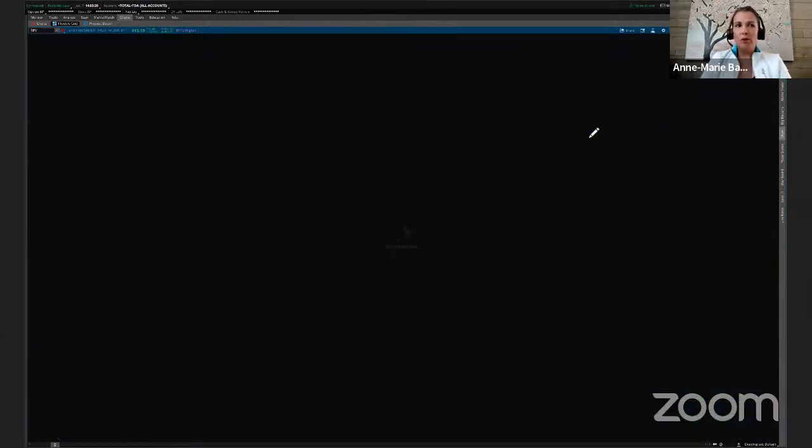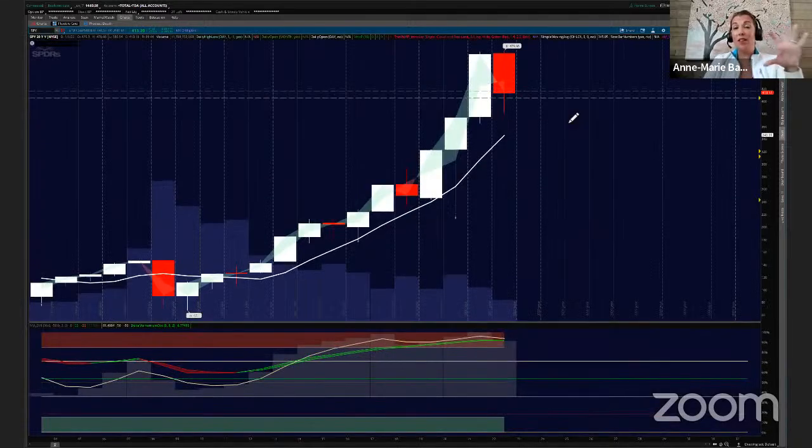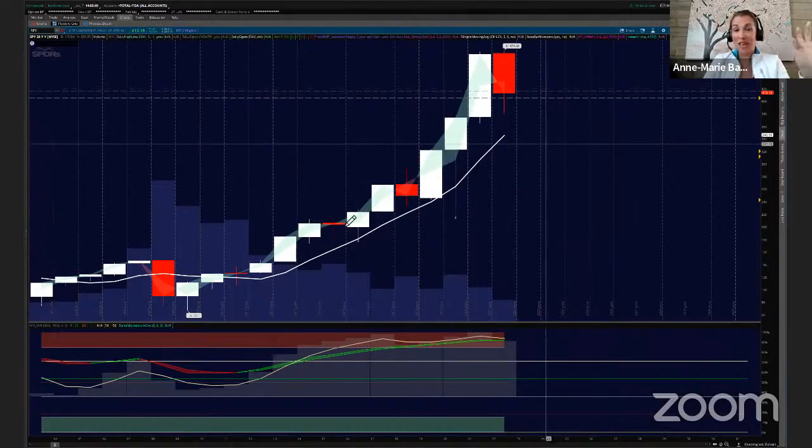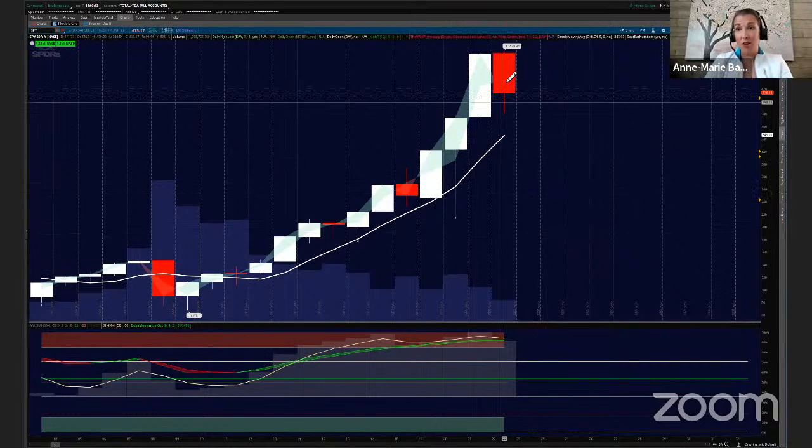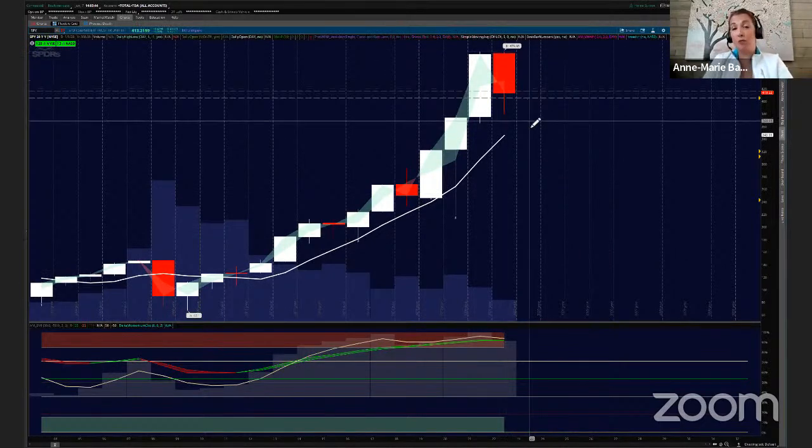Thinkorswim can give you candlesticks that are actually 1 year thick, so each candlestick we're watching here took an entire year to build.